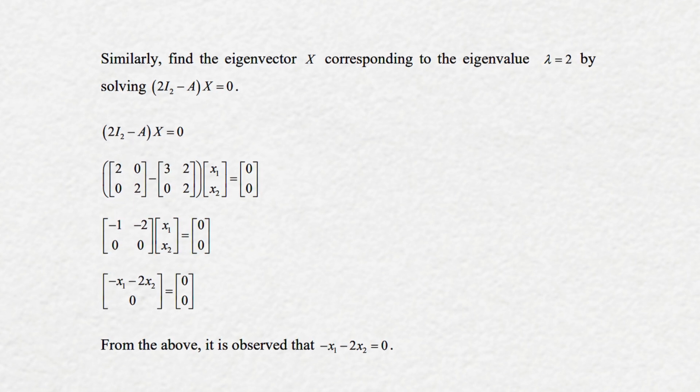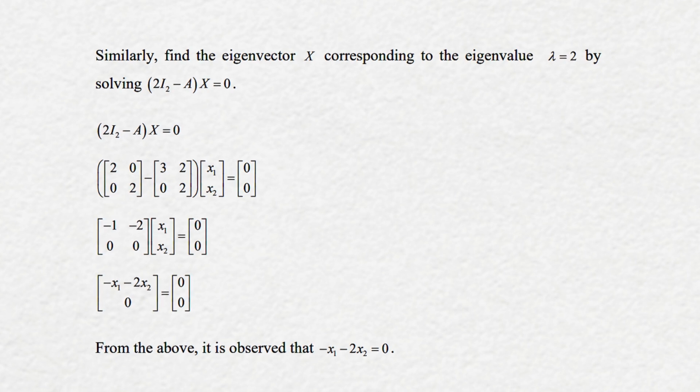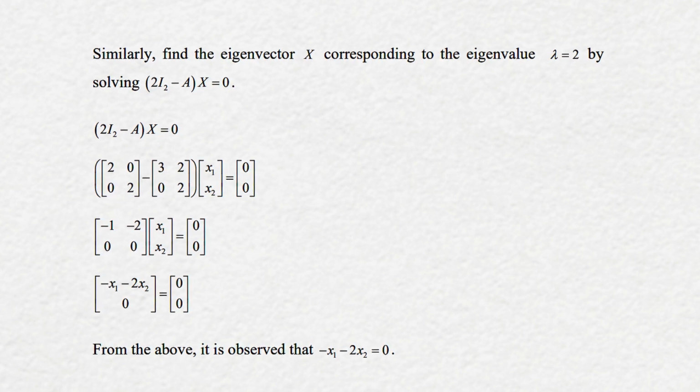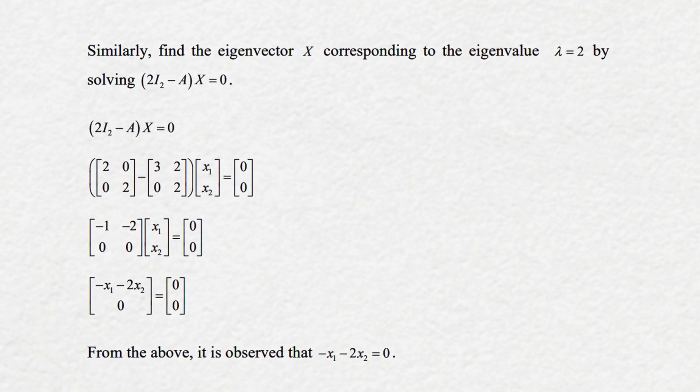Finally, minus x1 minus 2 x2, 0 equal to 0, 0. From the above, it can be concluded that minus x1 minus 2 x2 equal to 0.